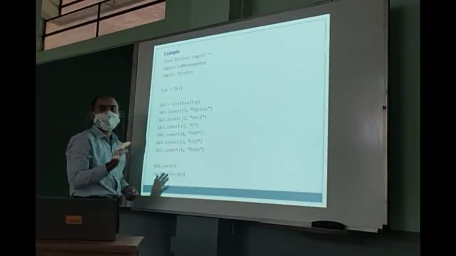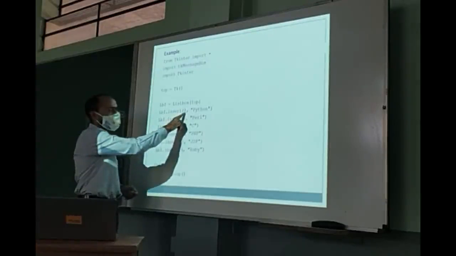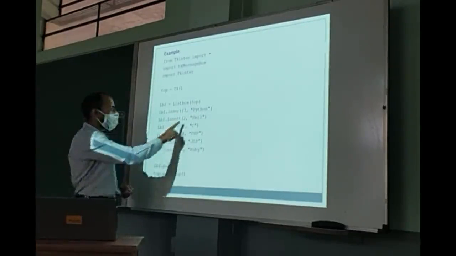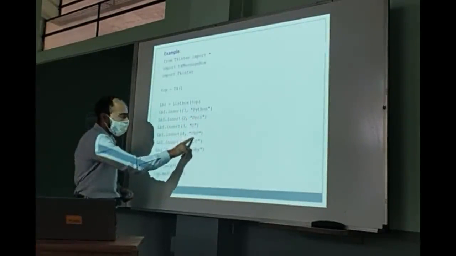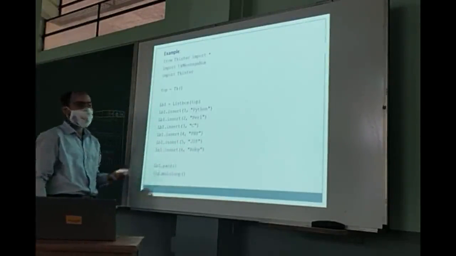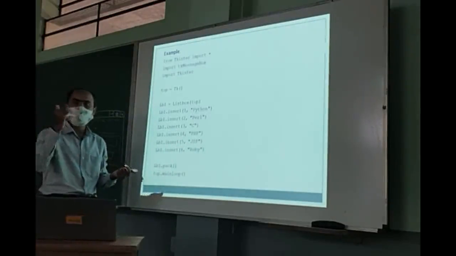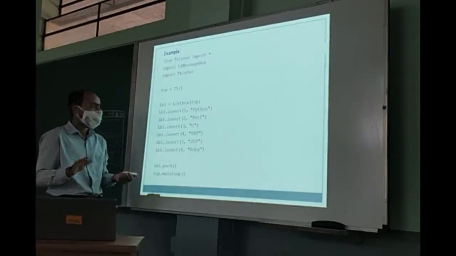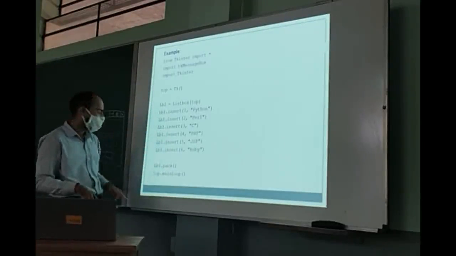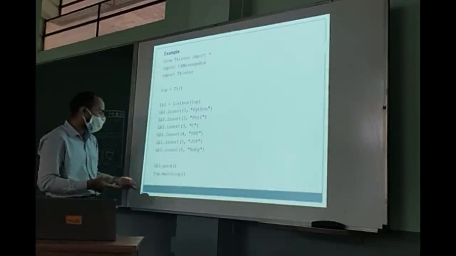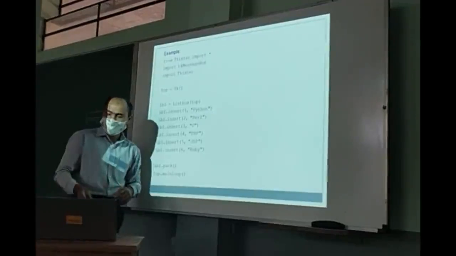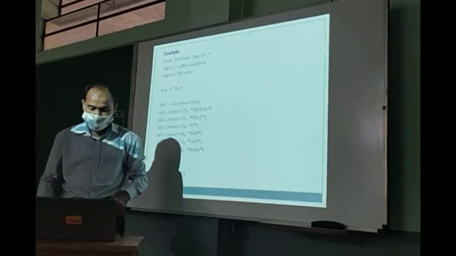Where in the list box do you want to add the item? First the position, then what we are adding: Python, Perl, C, PHP, JSP, Ruby. Like this, we have added 6 different items in the list box by using the insert method. And lastly, you can display the list box on the main window. So let us execute and view the output.